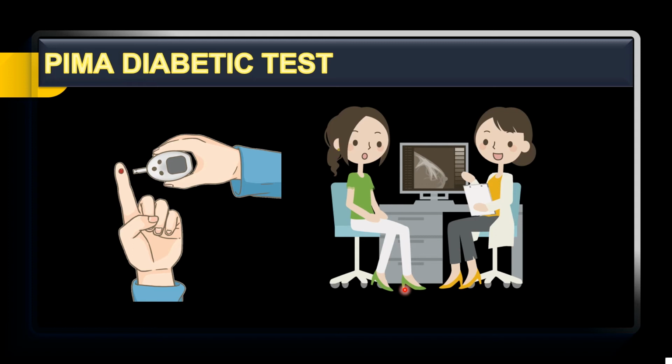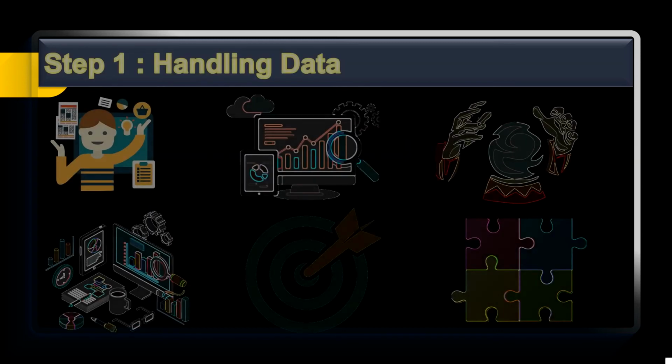Now all the patients are women aged 21 and older, and all the attributes are numeric, and the units vary from attribute to attribute. Each record has a class value that indicates whether the patient suffered an onset of diabetes within 5 years of the measurements. Now these are classified as 0.